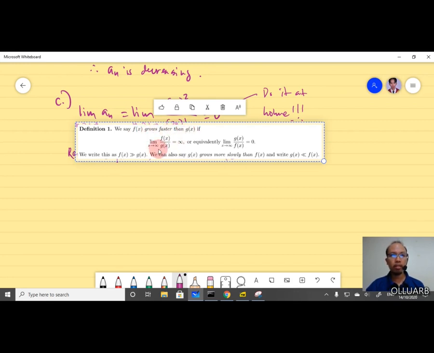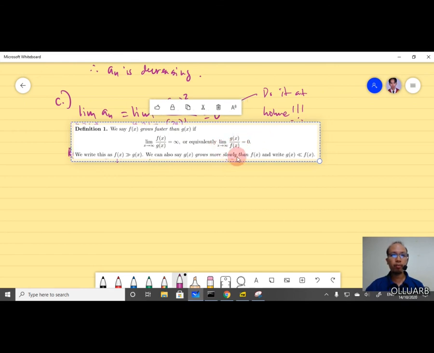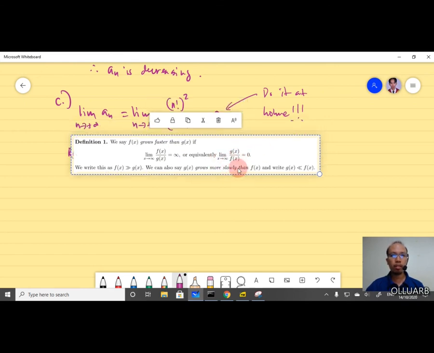Or equivalently, if the limit of g of x over f of x as x approaches infinity is 0, this says that g of x grows more slowly than f of x, and we write it in this form. This is not an inequality symbol.